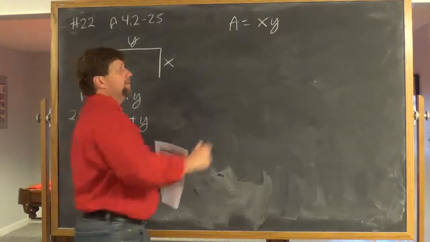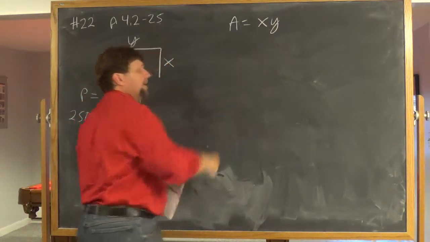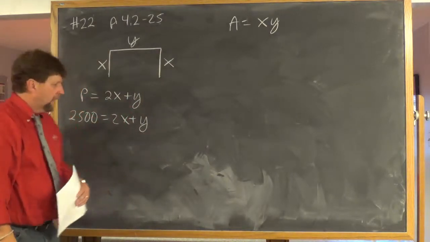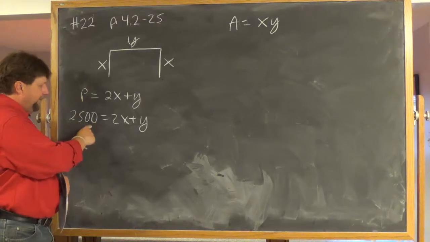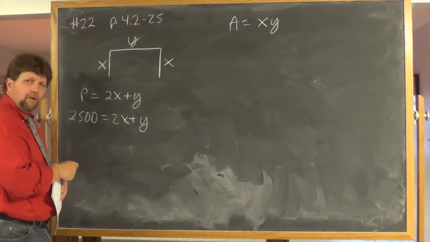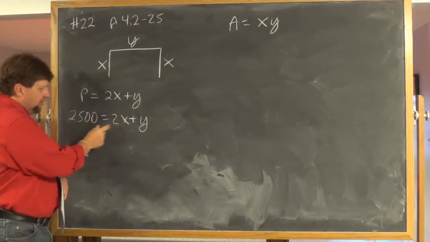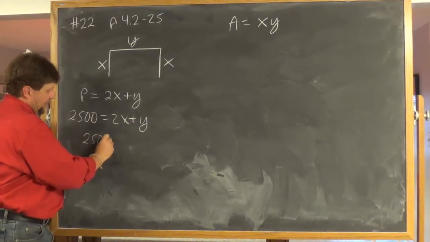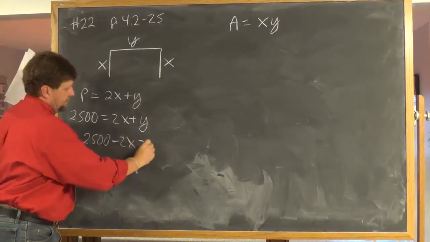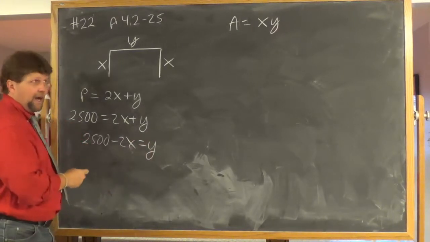And here's a problem. I have two variables here, x and y. But look over here at your perimeter equation. We have 2,500 equals 2x plus y. Notice if I subtract 2x from both sides, so here I go subtracting 2x from both sides, I've solved for y.